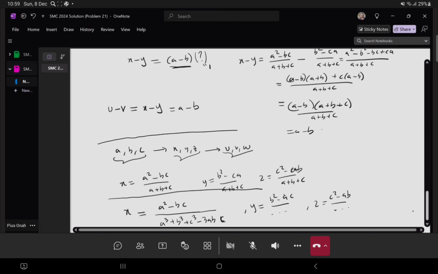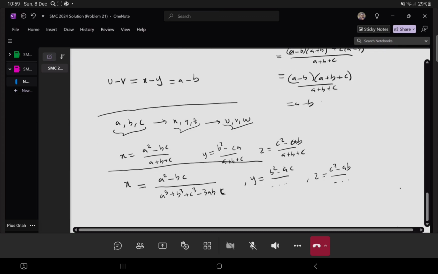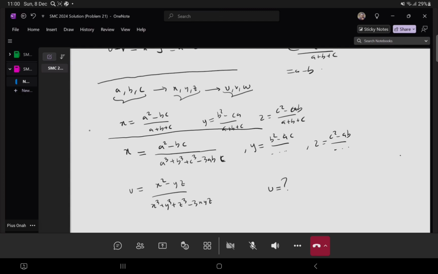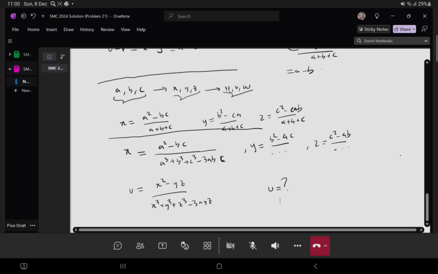Now express U, V, W in the same way, and check what happens with U. What do you have for U? I'll leave this for those that are curious-minded.